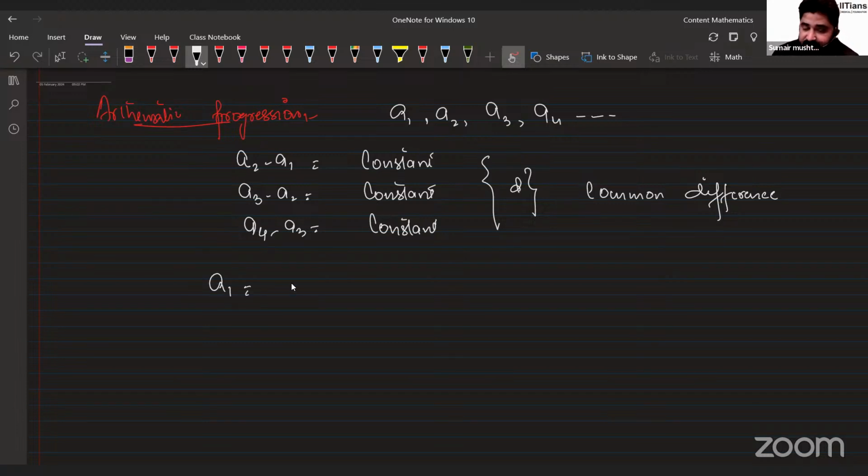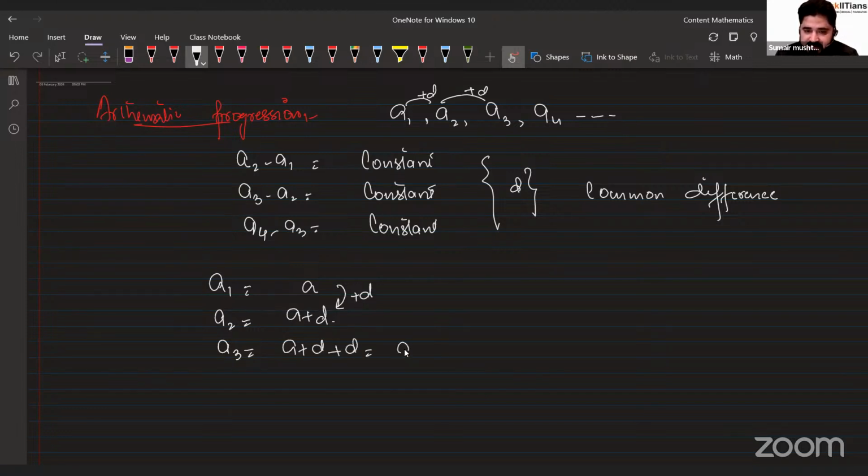We can say it in this way as well. If I have the first term as a, and a constant is added to every preceding term to get the succeeding term, then a1 is equal to a, a2 will be a plus d, a3 will be a plus 2d, a4 will be a plus 3d, a5 will be a plus 4d.